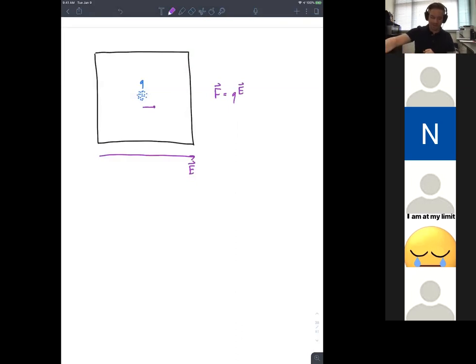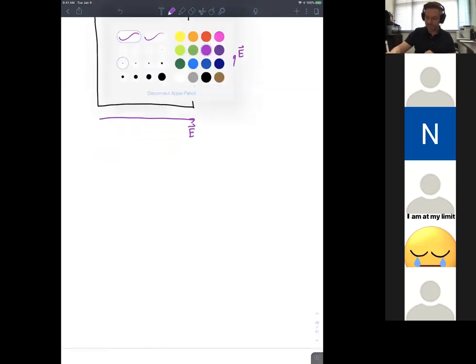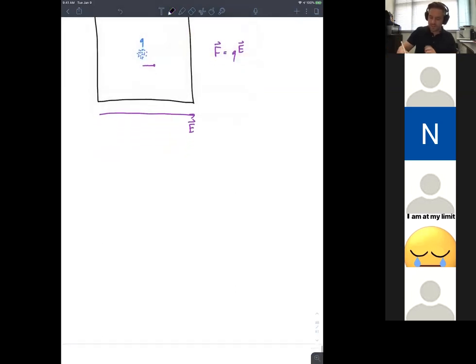All right. So the way that we're going to describe this is the following. What we said before was that we had particles and we could describe their position at some time, t plus delta t.